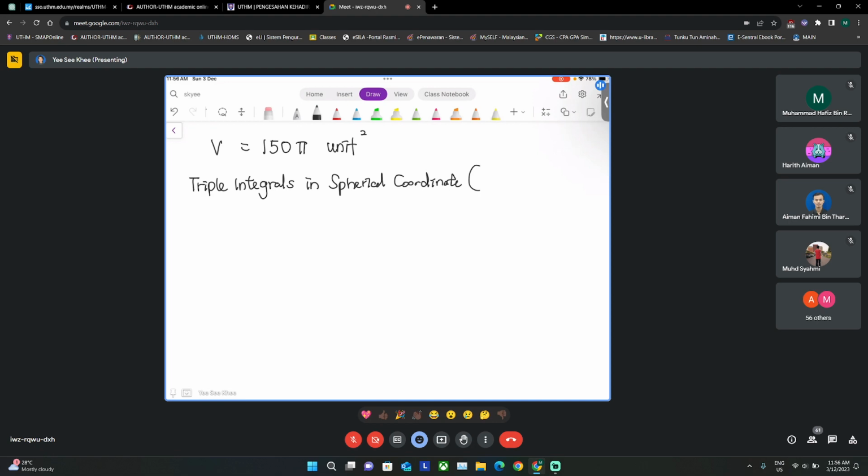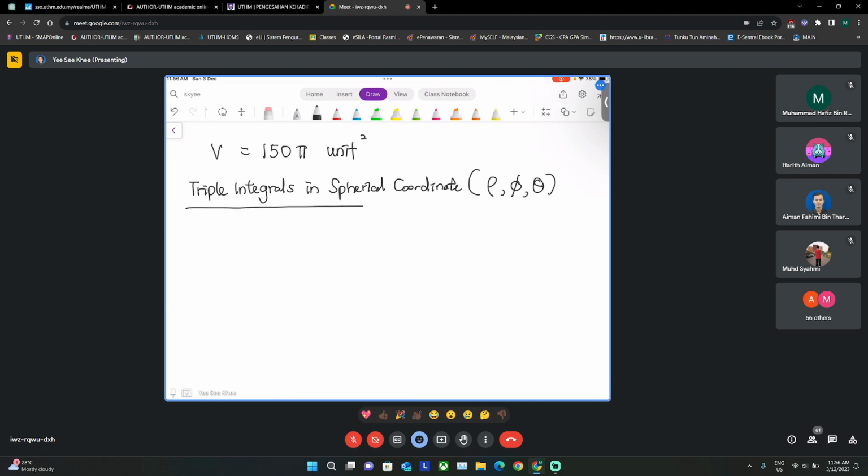Okay, so spherical coordinate, basically you have a rho, you have a phi, and you have a theta. If you want to use the triple integral in spherical coordinates to find the volume, the equation will be like this. You will have the triple integrals.